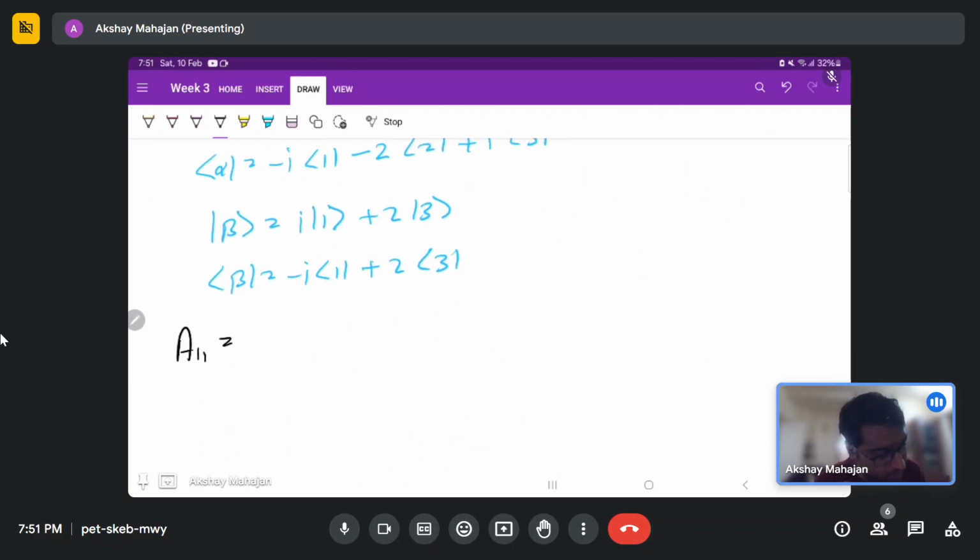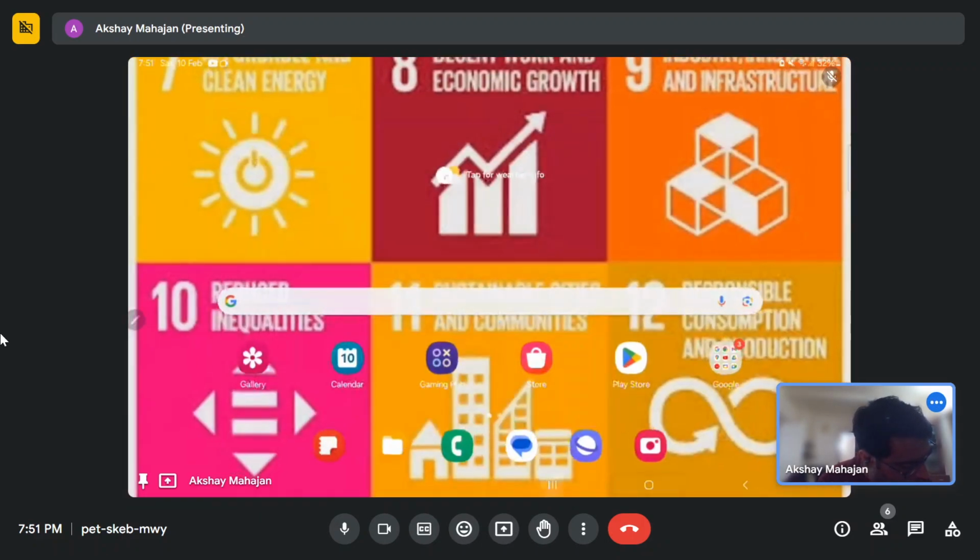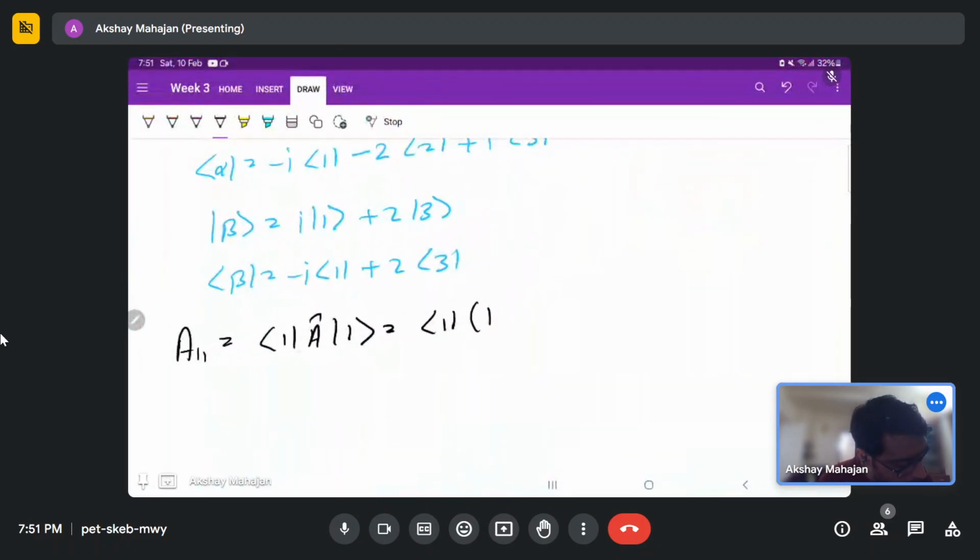Let's say we need to find A11, so that will be 1 A cap 1, and A cap is basically alpha beta, right? Ket of 1, so you will have 1 alpha and beta 1.